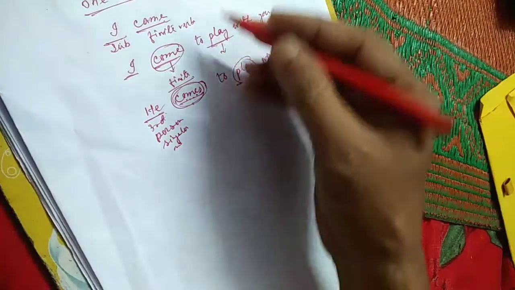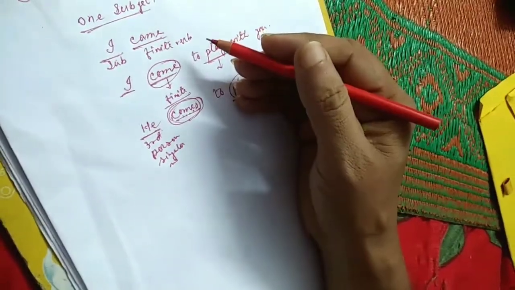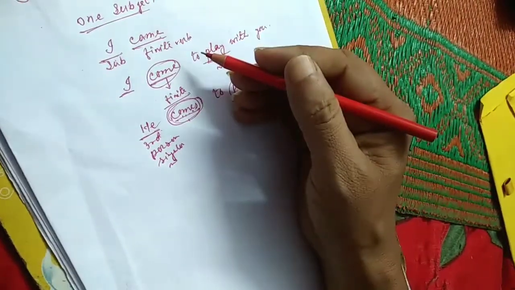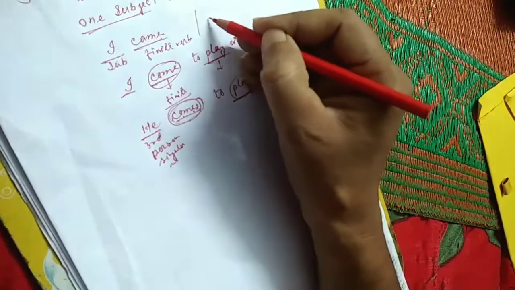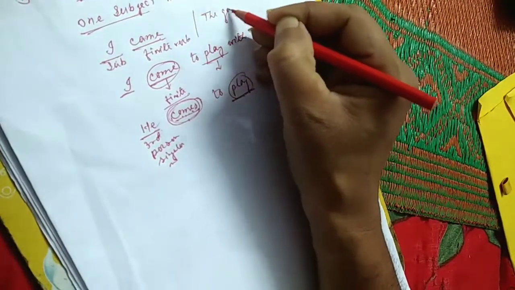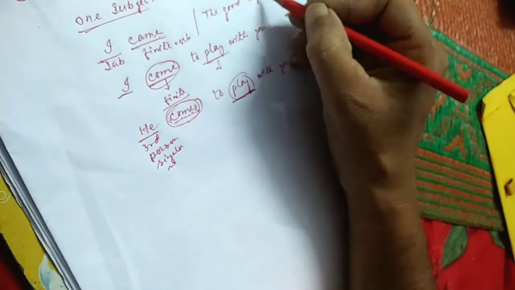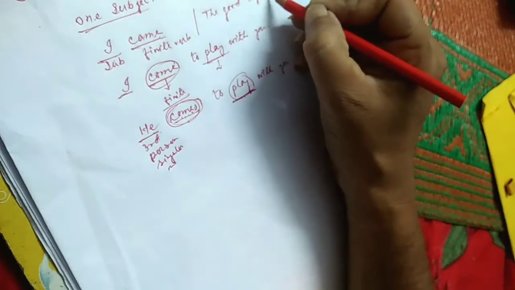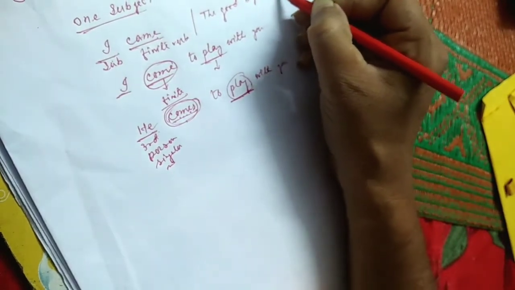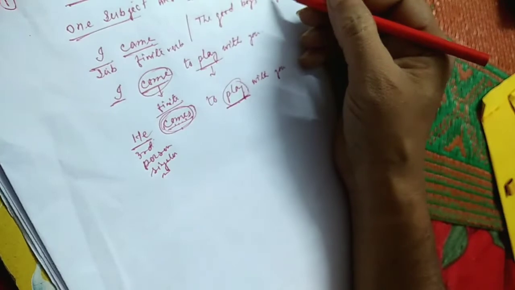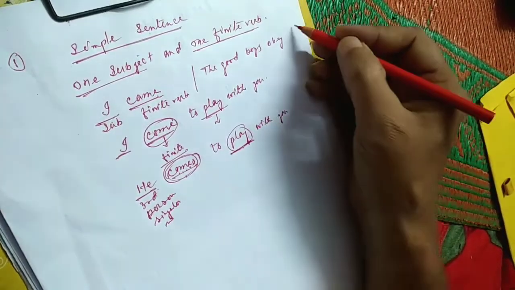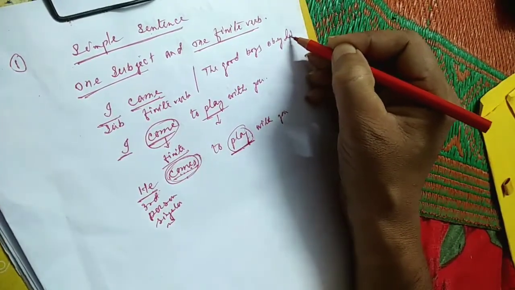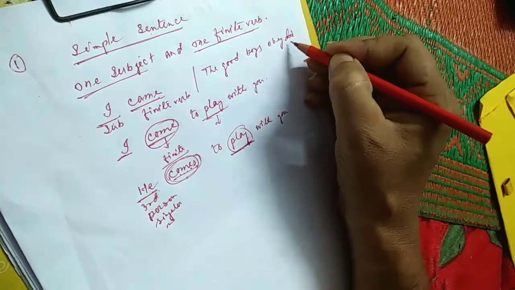Now we can take more examples. The good boy obeys his parents. The good boys obey their parents.